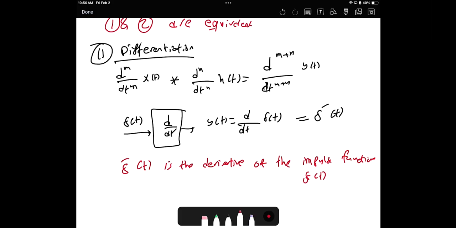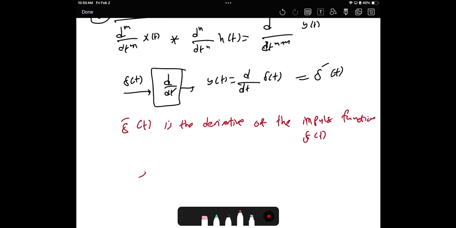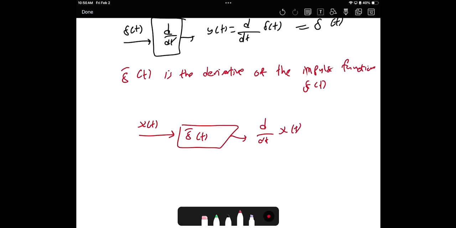So, in other words, when we have x of t and apply delta bar of t, this yields d by dt of x of t. And this is something called an ideal differentiator. So now we know two things: ideal integrator, ideal differentiator. Let me stop here and we'll continue on.